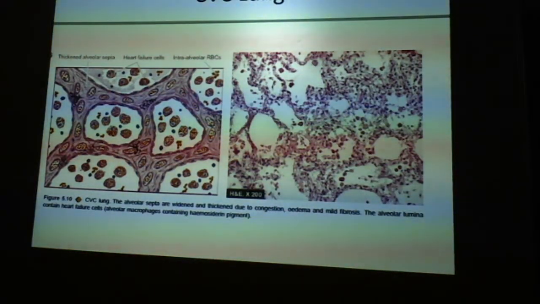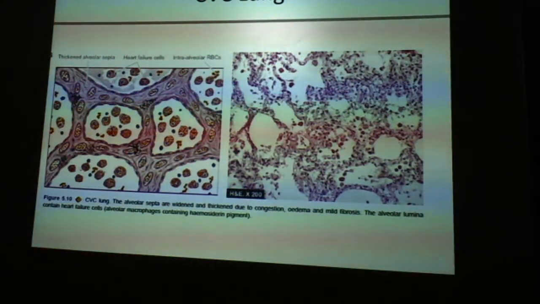This is the histopathological picture of the lung tissue. You can see the widened and thickened septal walls, congested blood vessels, and these small round structures. These are the alveolar macrophages which have engulfed the hemosiderin pigment. Hemosiderin pigment appears as golden brown pigment within the macrophages.